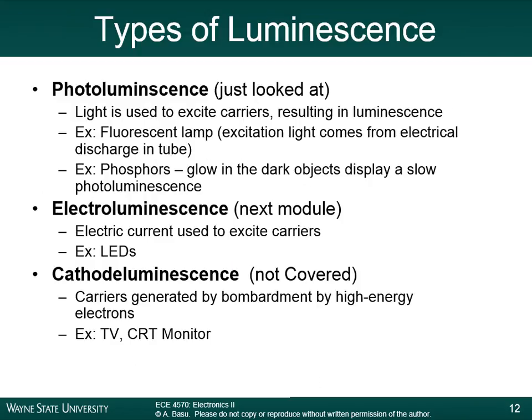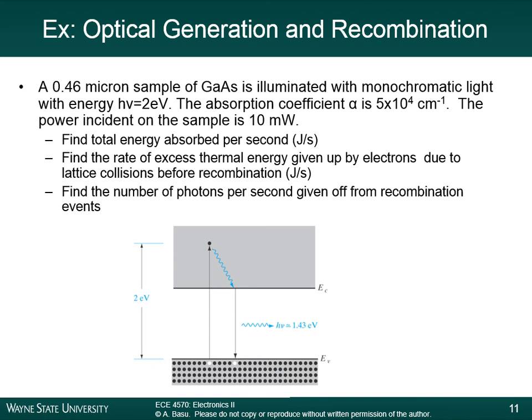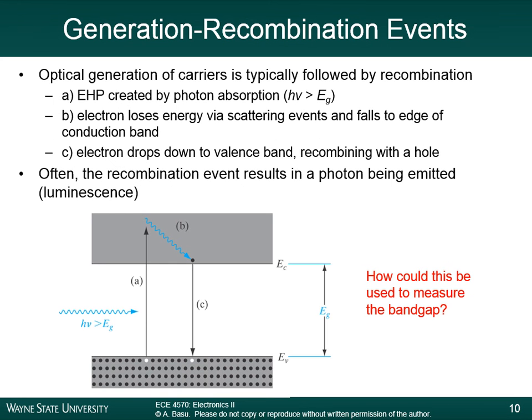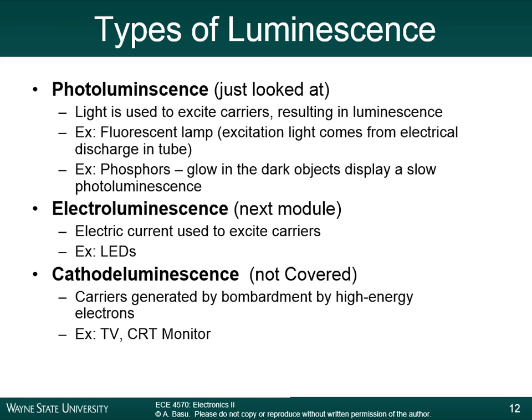So there's a few different types of luminescence. Since we were talking about luminescence here, I just want to take a bit of an aside and talk about the different types of luminescence that different materials can have. One is photoluminescence. This was an example that we just looked at. We excited the semiconductor material with light.